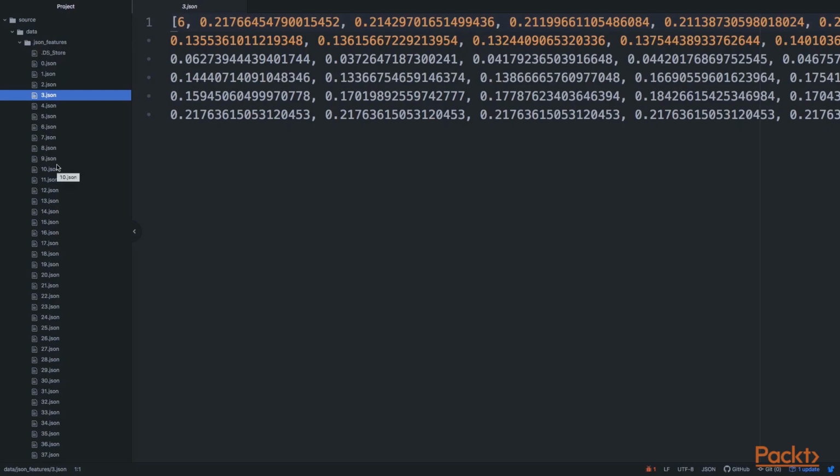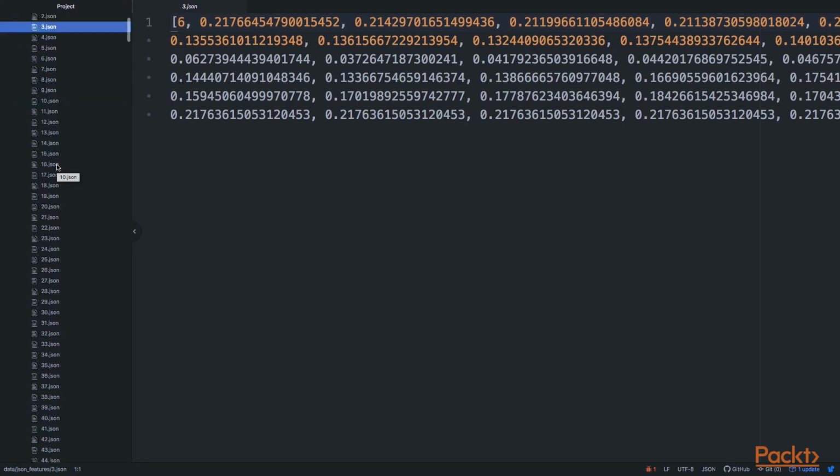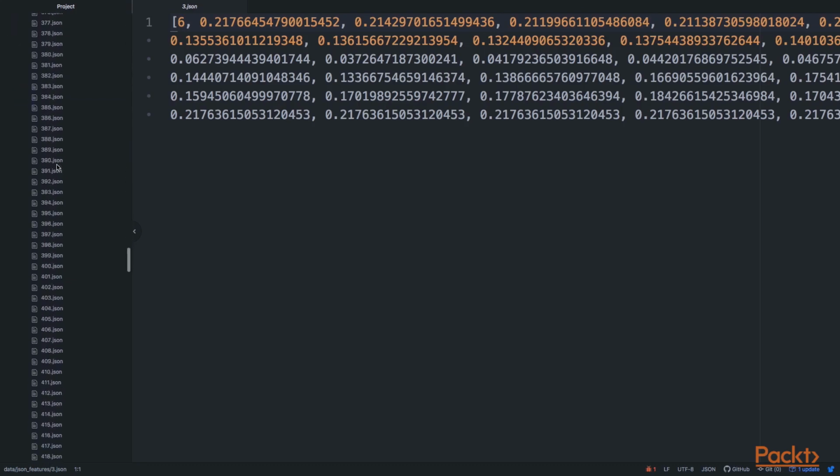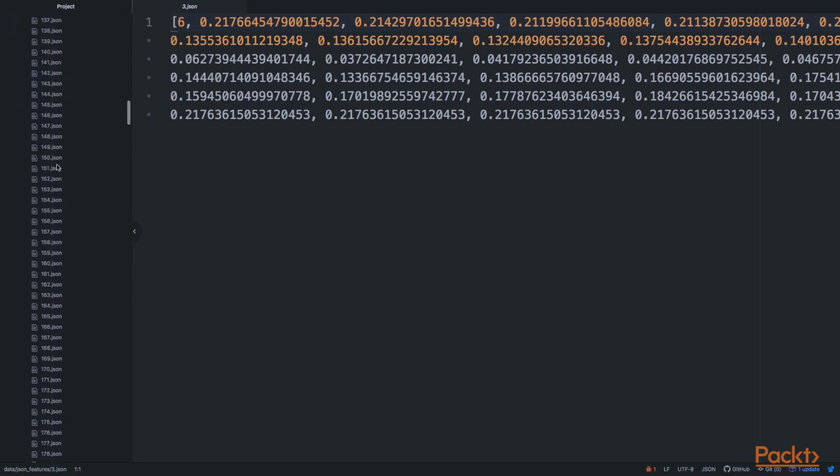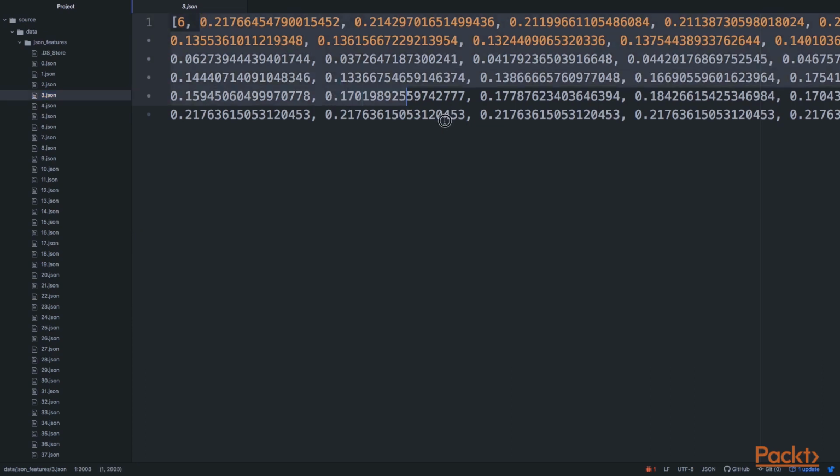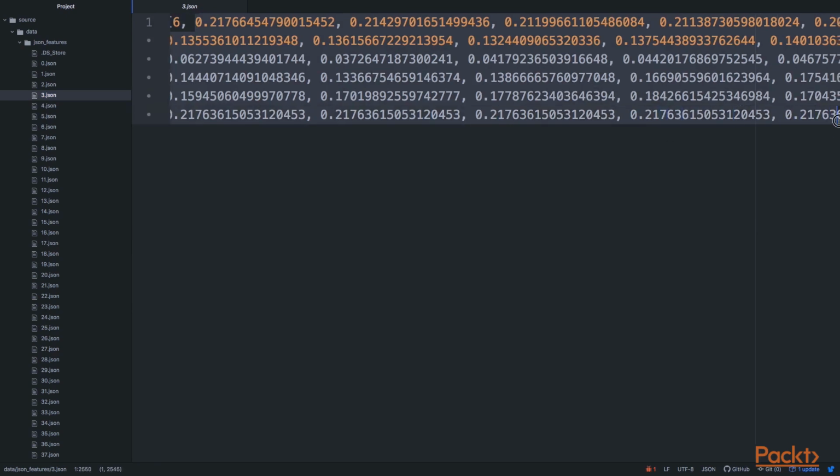And there we have quite a lot of samples there. And each sample is a JSON or JavaScript array. It's very similar to what we've used so far. So all those numbers are features that we've extracted using a Python script.